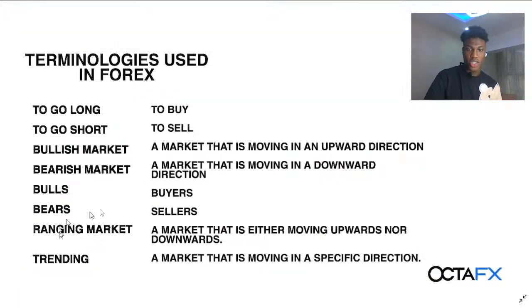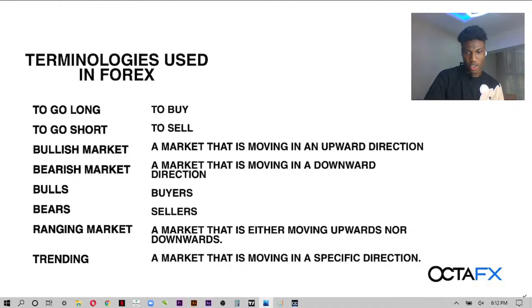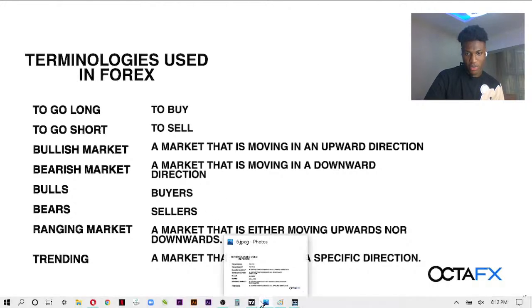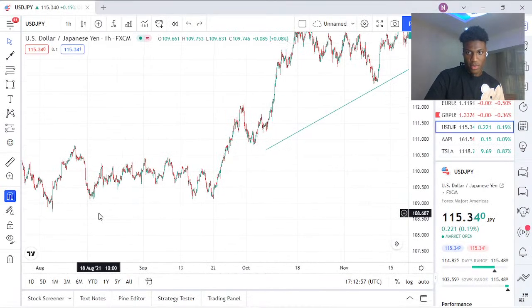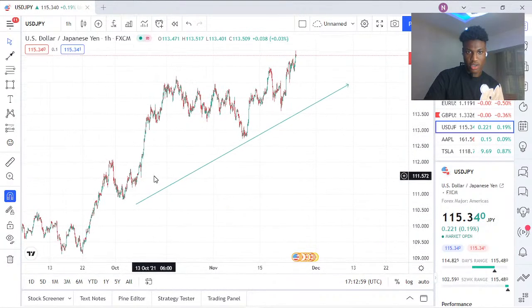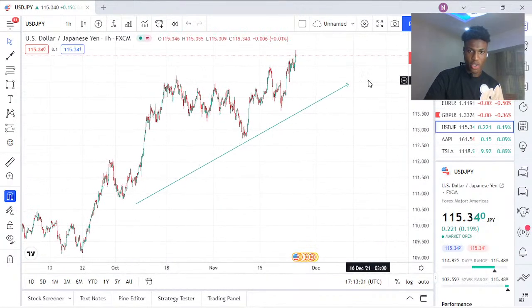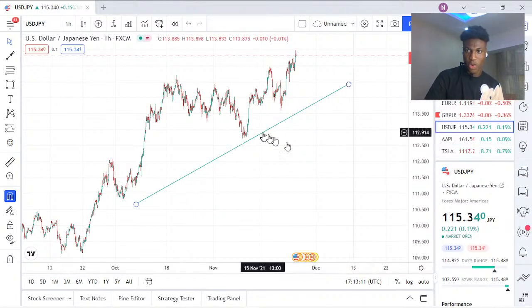Now, a trending market is a market that is moving in a specific direction. Just like I showed you guys here, this is a bullish market, right? You can also say the USD JPY market is trending upwards.